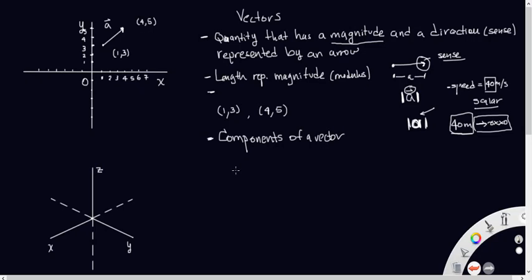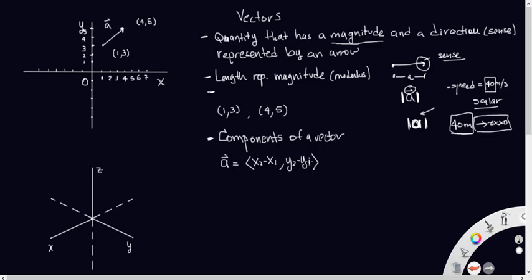The components of a vector, in this case vector A, equal x2 minus x1, y2 minus y1, in this case because we have only a two-dimensional coordinate system, and the notation for the components of a vector will be these angle brackets.